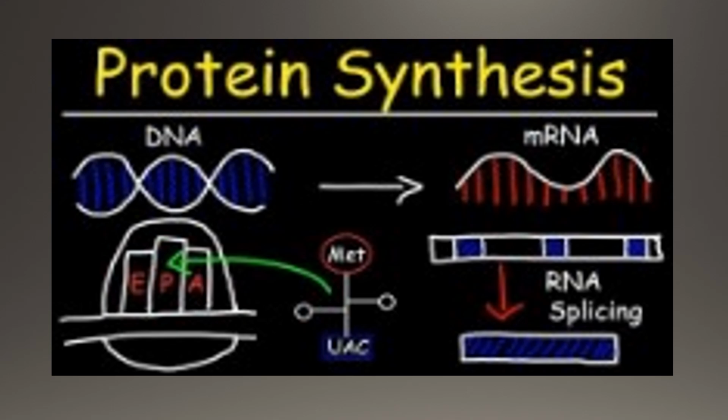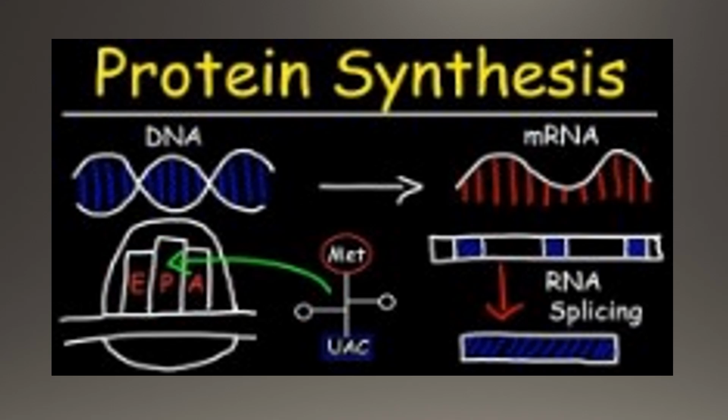Also, during the beginning of transcription, the 5' end is capped, and the reason for this is to protect the mRNA strand from being degraded by certain enzymes. At the end of the termination step during transcription, DNA has been used to create a pre-messenger RNA strand.